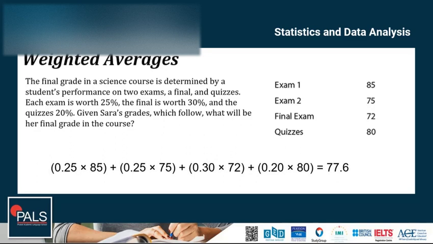Exam 1 is multiplied by 0.25 or 25%, and 75 is also multiplied by 0.25 because it's an exam, and 72 is multiplied by 0.30 because the final exam is worth 30%, and 80 is multiplied by 0.20 because the quizzes are 20%. Then adding all the answers, the final answer is 77.6.